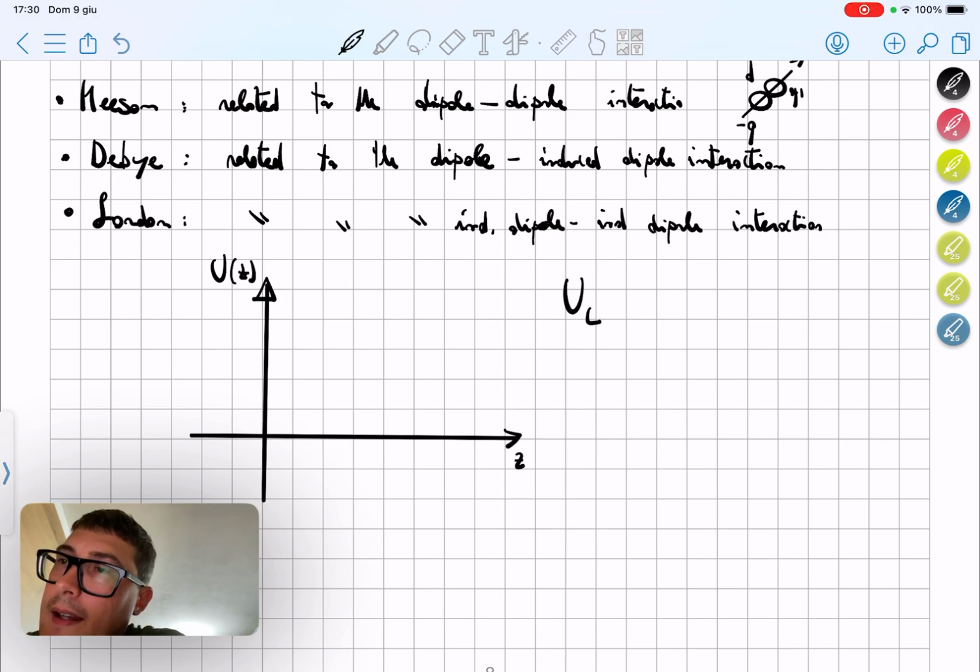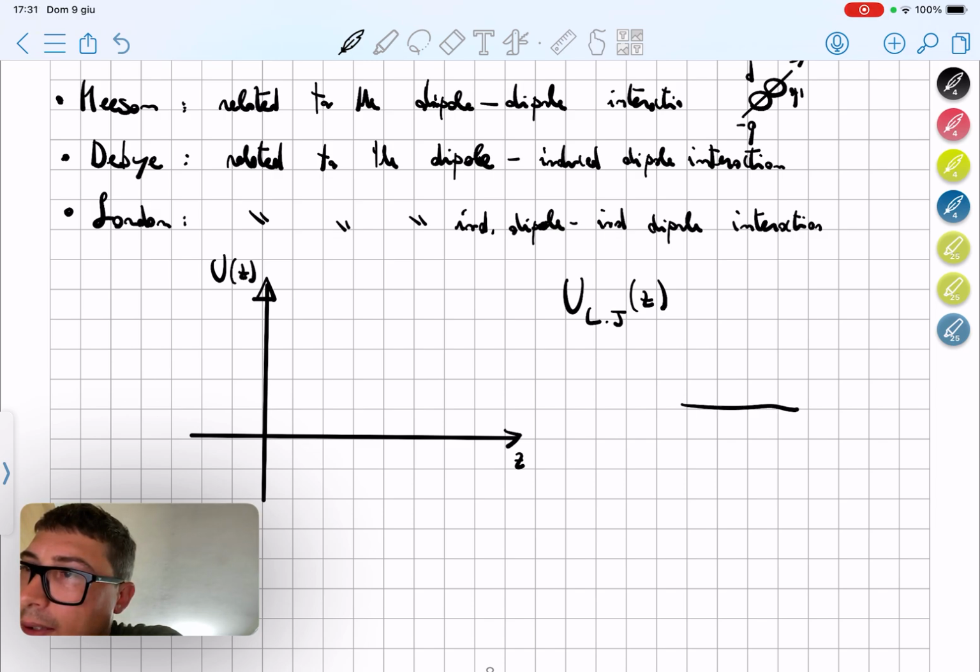It is a function of z, where of course z is the distance between our cantilever and the sample. Also, this is z, okay?